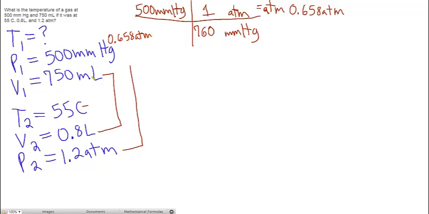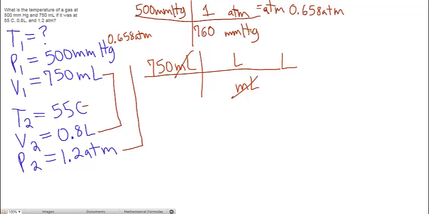Then I'm going to convert the milliliters to liters. Again, personal preference. 750 milliliters to liters. That means my milliliters will be on the bottom and my liters will be on the top so that they can cancel just like my mmHg canceled to equal my answer.